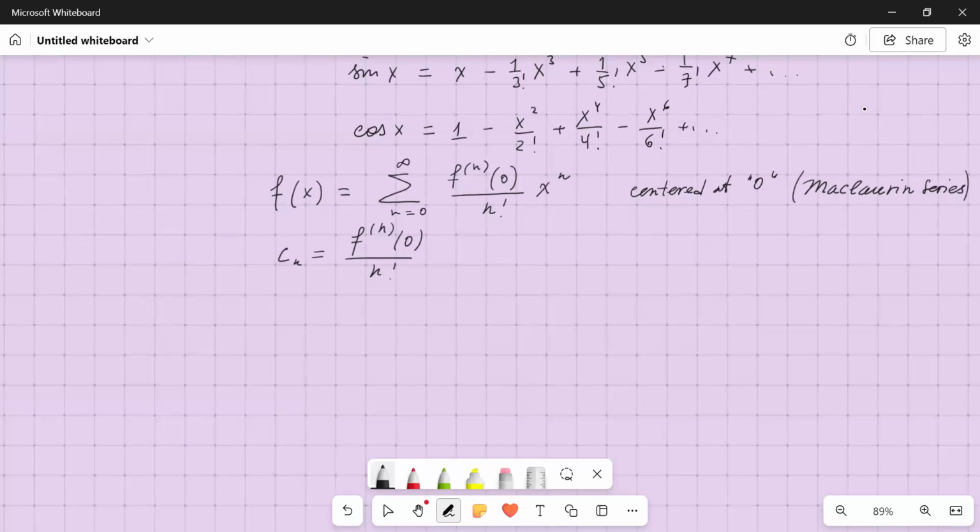Okay, so what if we want a series not centered at 0? What do I mean by that? Example number 3. Imagine that I have a function f of x, but I represent it as a series centered at a.